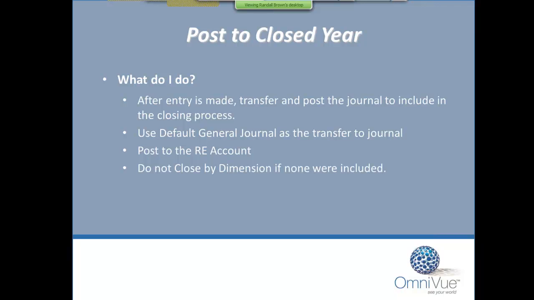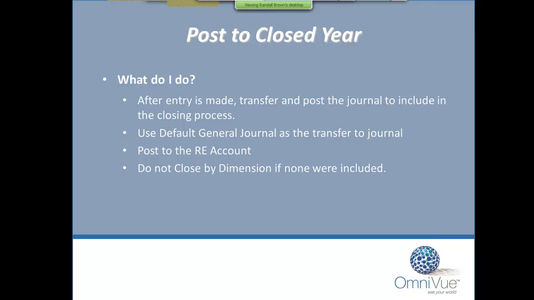Typically, in our case, for demonstration purposes, that date would be 12/31/2010. Make all the journal entries that your auditor has recommended and post them. You do not need to put a C in front of these dates in order to post these entries. NAV will automatically put the C in front of those dates.